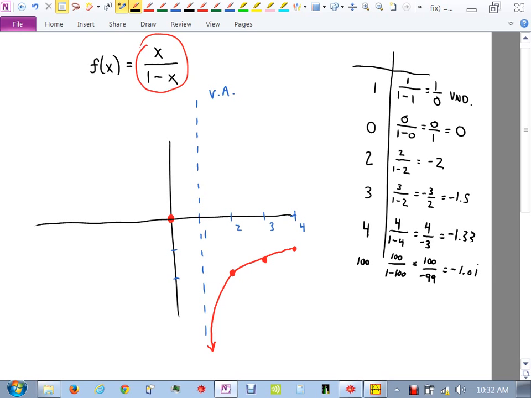You get negative 1.001. We're going to have a systematic way of getting it. But here's what I'm going to do. It looks like my horizontal asymptote isn't up at the x-axis. It actually looks like it's at -1. And it looks like my graph is getting closer to that.